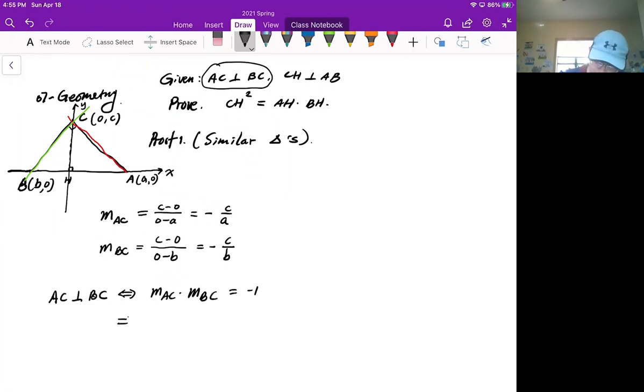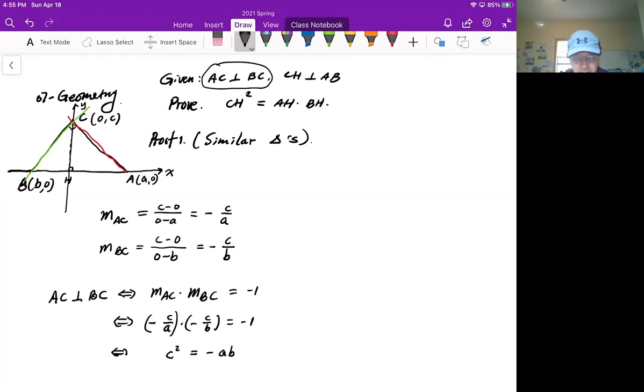And if and only if, let's see, negative c over a times negative c over b equals negative 1. Great. So what can I do here? I'm going to just multiply by the denominator. So I get on the left hand side c squared, and on the right hand side, I get negative a times b.